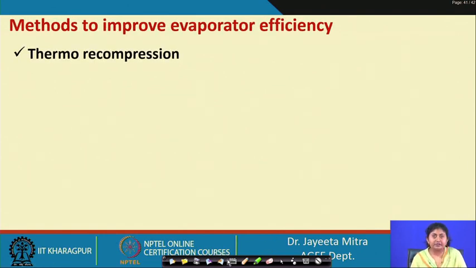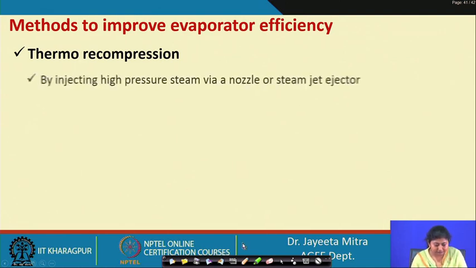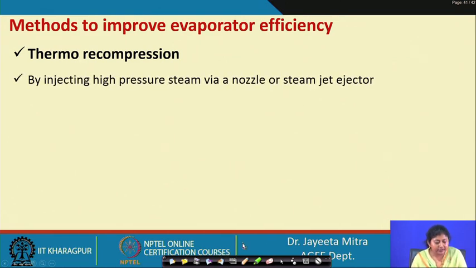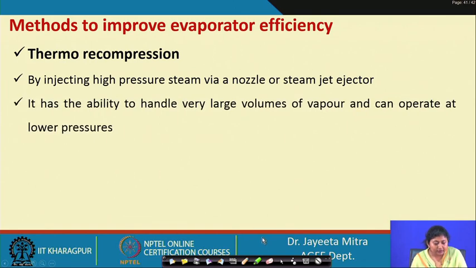So, another method is the thermal recompression. Here by injecting high pressure steam via a nozzle or steam jet ejector, we increase the pressure of it. It has the ability to handle very large volume of vapor and can operate at lower pressure.